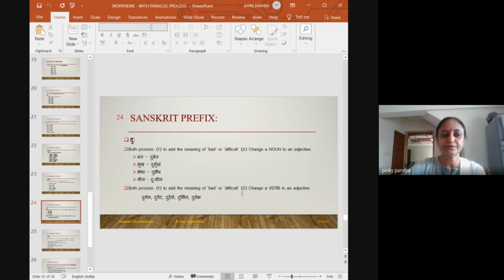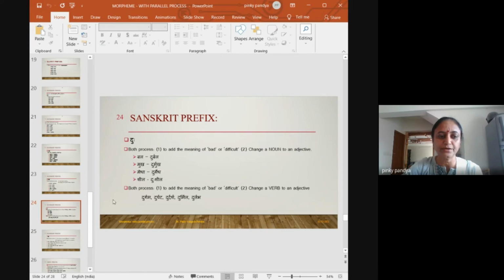In the same way, there is one more prefix in Sanskrit, dur. Bala is a noun, but durbala is an adjective with the meaning shades of bad or difficult. Mukha, durmukha.